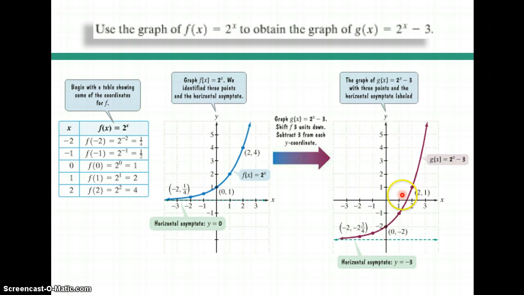The graph intersect the y-axis at 0 and minus 2. The y-intercept is y equal to minus 2. The horizontal asymptote is y equal to minus 3.